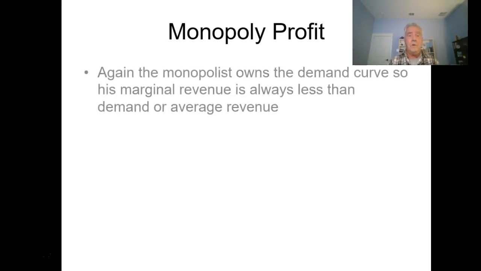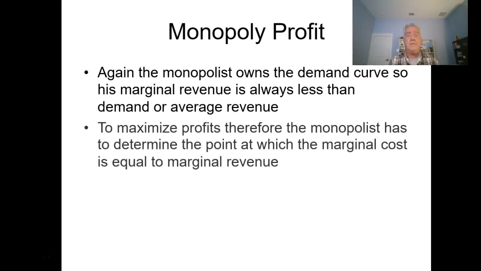Monopoly profit. Again, the monopolist owns the demand curve, so his marginal revenue is always less than the demand or average revenue. To maximize profits, the monopolist has to determine the point at which the marginal cost is equal to the marginal revenue. So he wants his marginal cost equal to whatever his marginal revenue is.